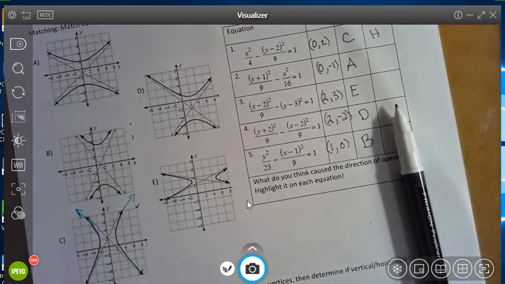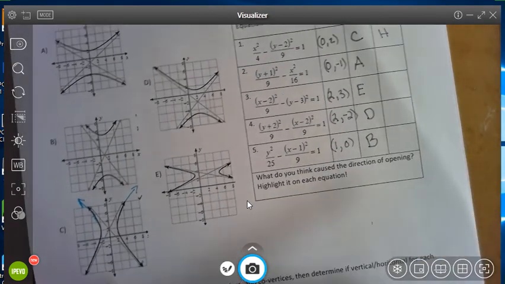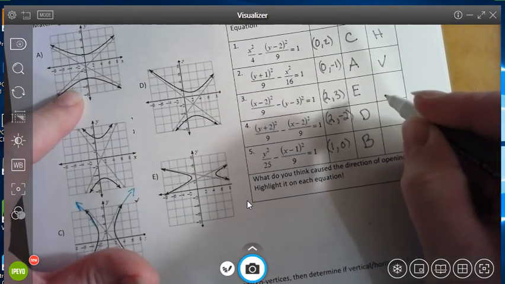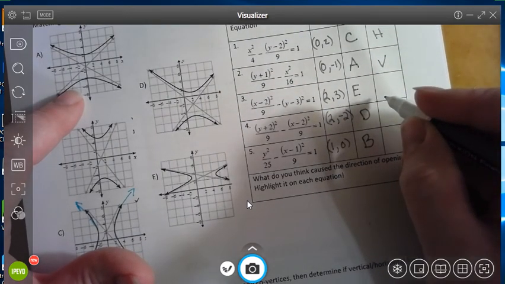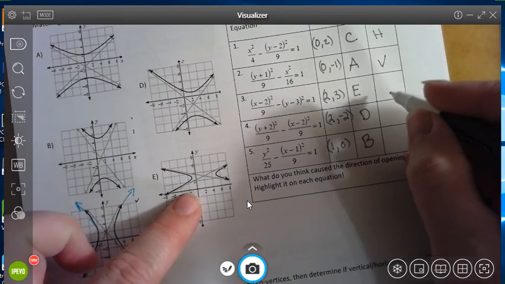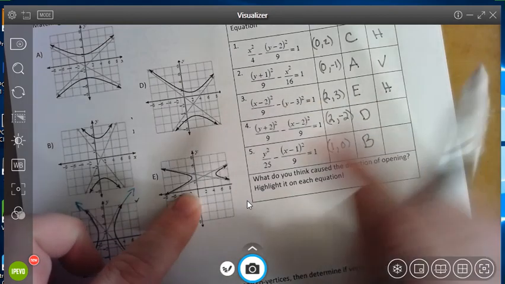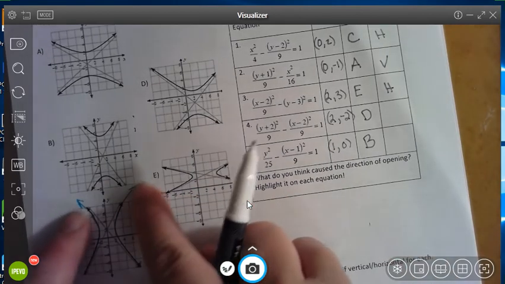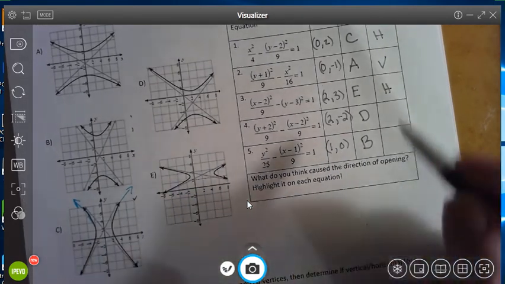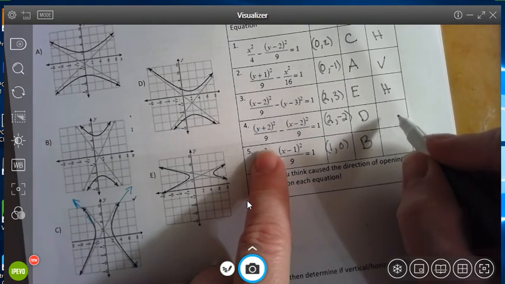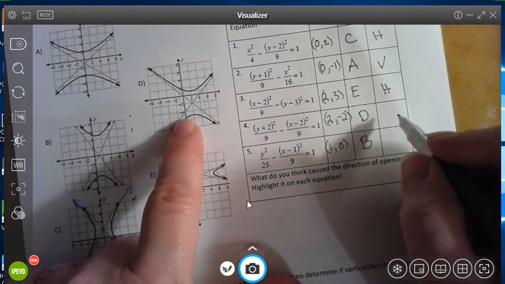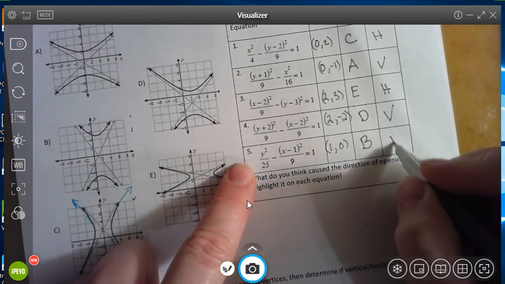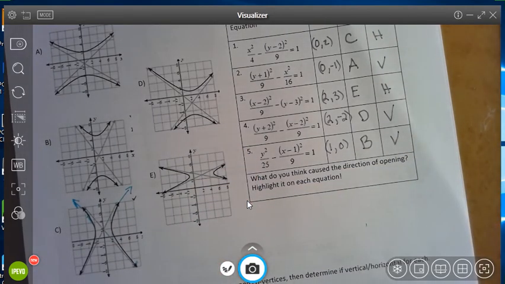The other direction is vertical, just to point that out. All right, so A is vertical. E is horizontal. This one is more believable as horizontal as opposed to this one that's really wide, but it's still horizontal. D, vertical. And 5 is vertical, or B.